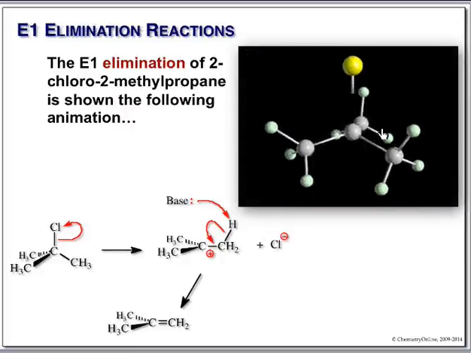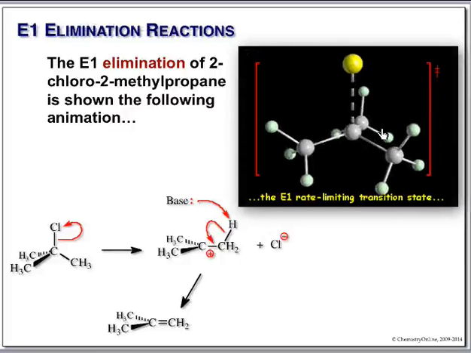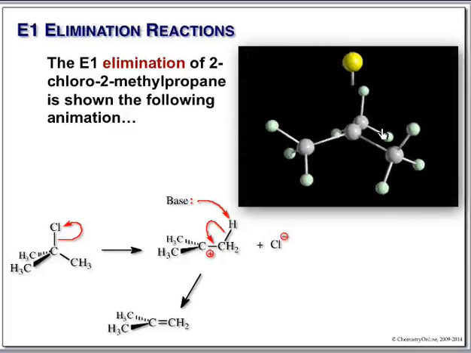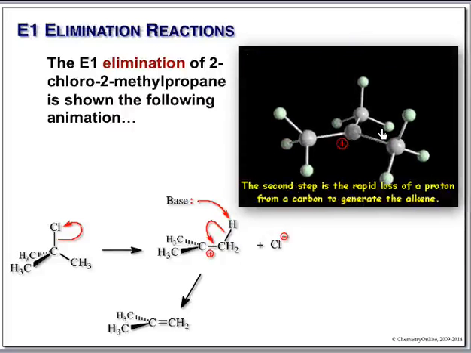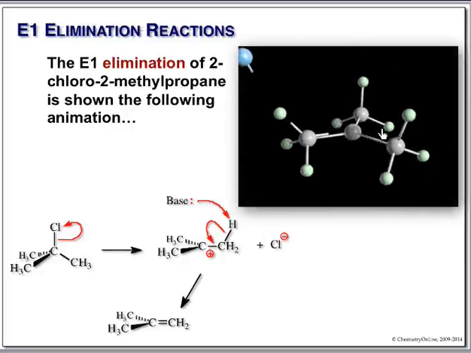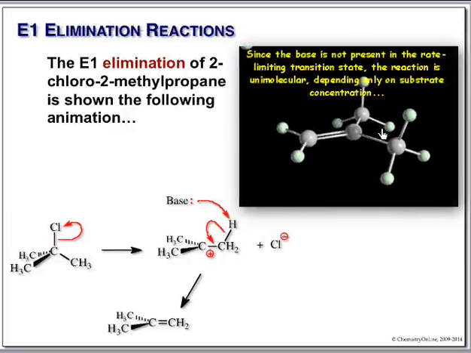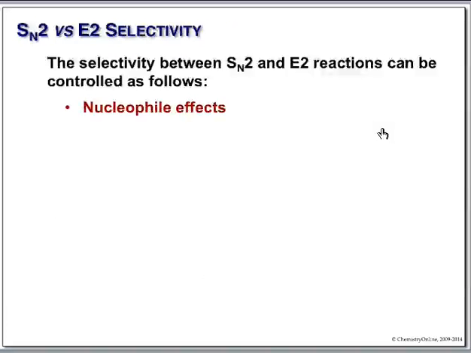Step 1, we form the carbocation. That's our slow step. Once we get the carbocation, we're just going to grab one of these hydrogens, rip it off, and we make our double bond.